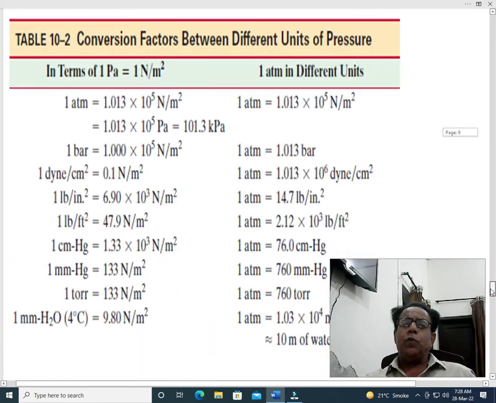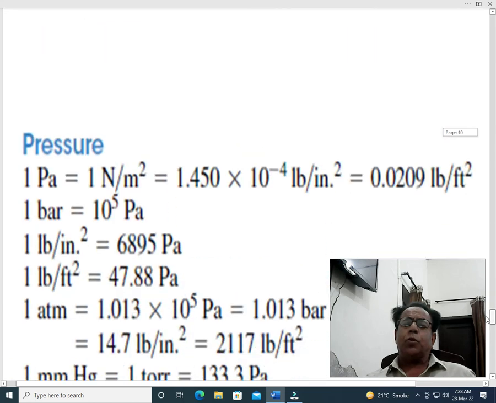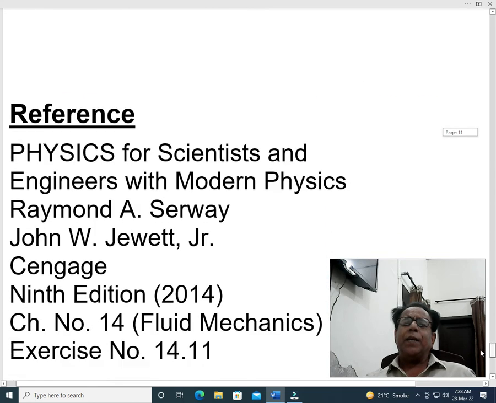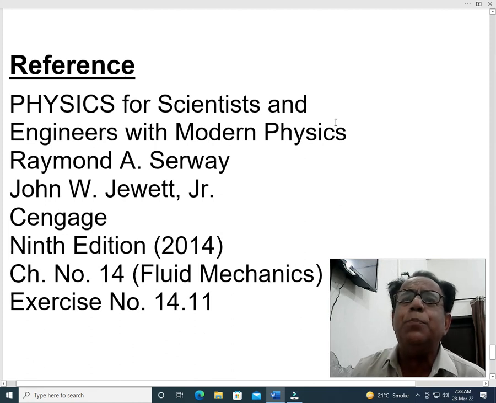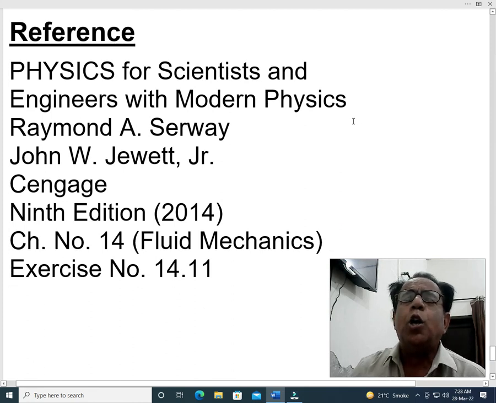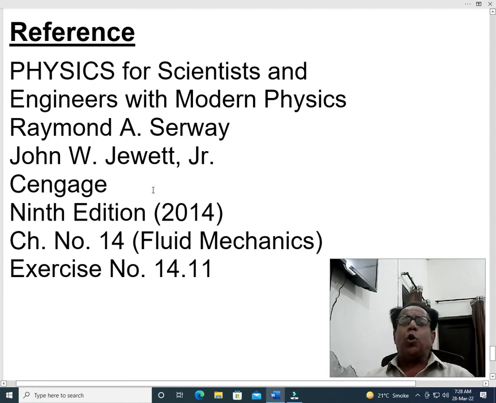Now we come towards the reference book. The reference book is Physics for Scientists and Engineers with Modern Physics. Authors are Raymond A. Serway and John W. Jewett Jr. Its publisher is Cengage, and its 9th edition, published in 2014, has been adopted.